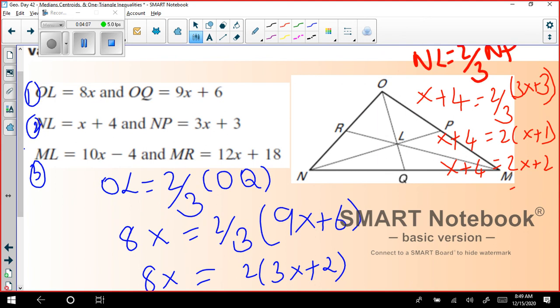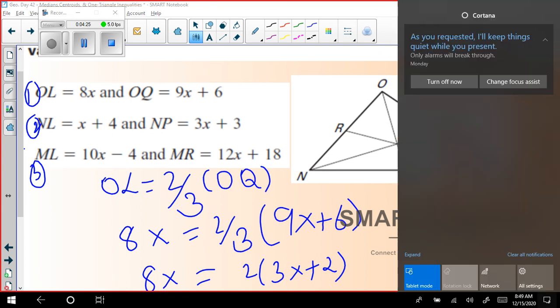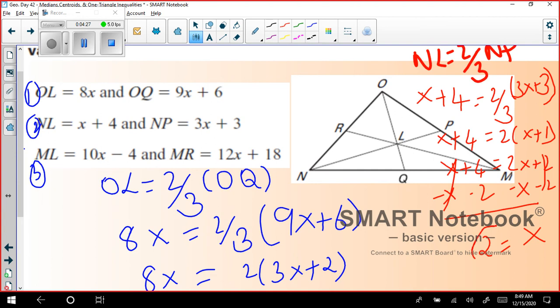So subtract x on both sides and also subtract 2 from both sides. So x and x will get crossed out, 2 and 2 will get crossed out. 2x minus x is x and 4 minus 2 is 2. So x equals 2, which most of your friends had. That's right. For the second one, x equals 2.